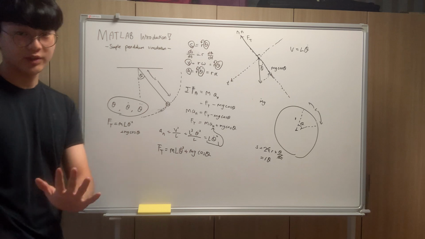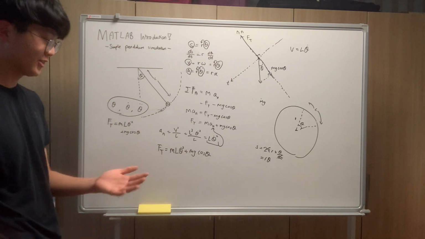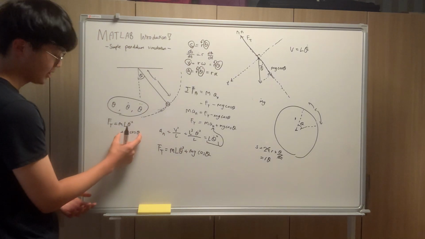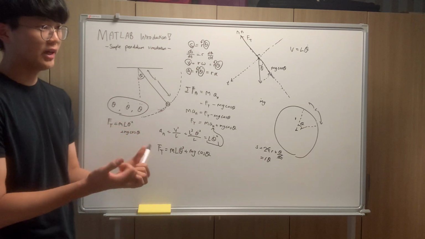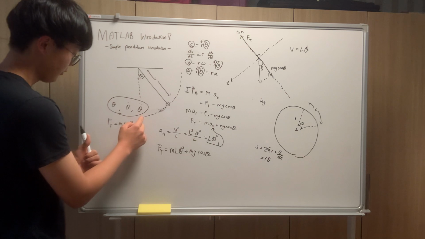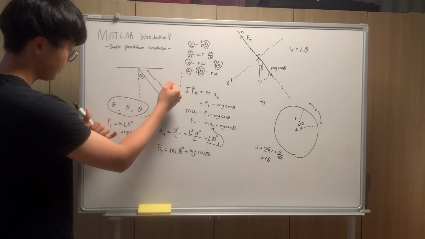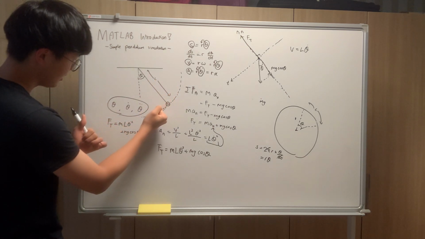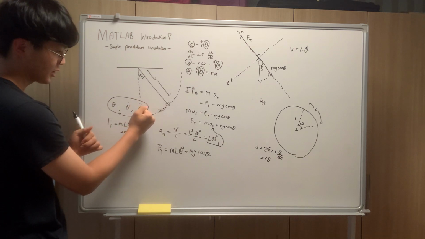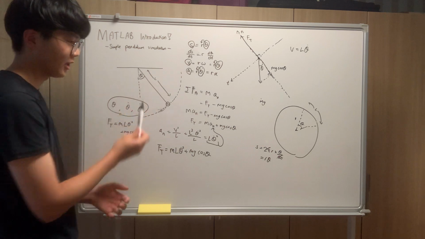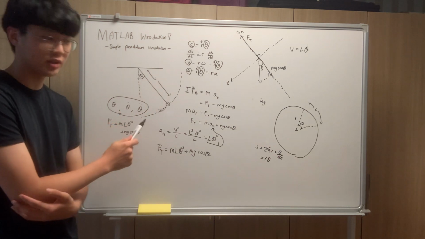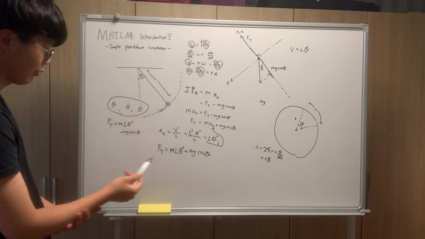Cosine 0 is equal to 1, so only mg survives. And look at this term, theta dot, which is the angular velocity. We defined here that theta is increasing, and then at this point onwards theta will start decreasing, which means that the change in theta would be exactly 0 at this point. So this term is cancelled and we only get mg.